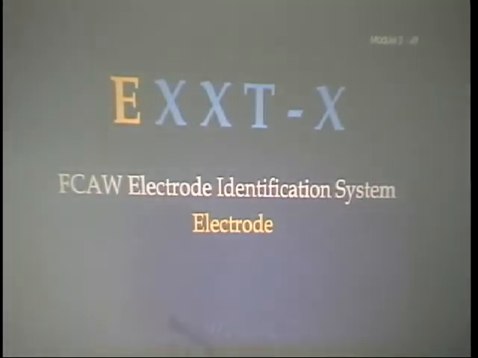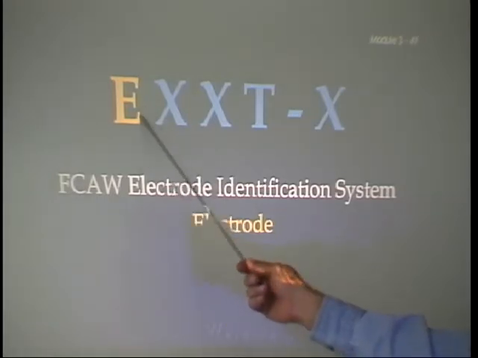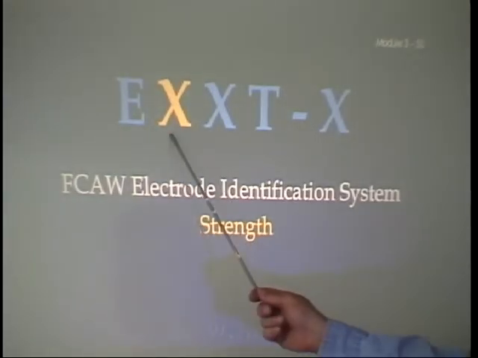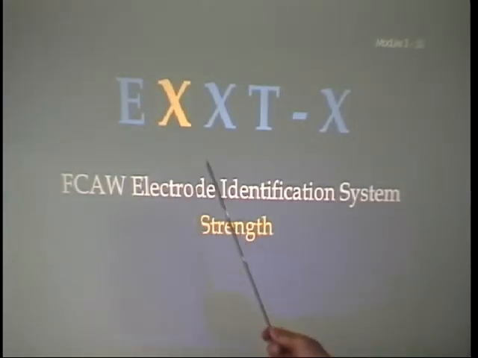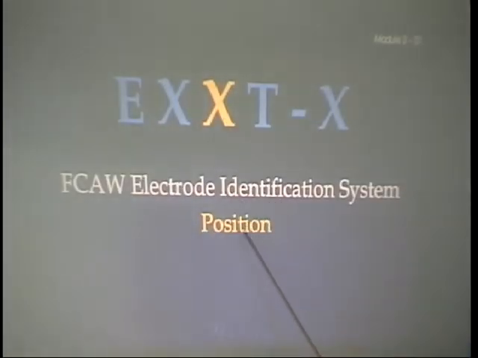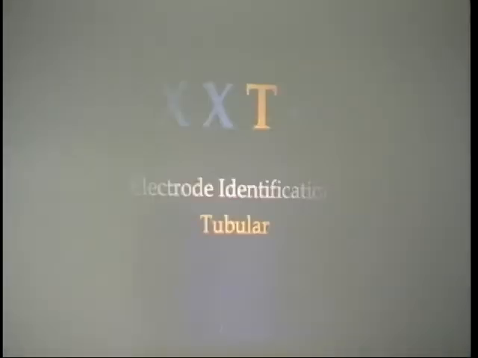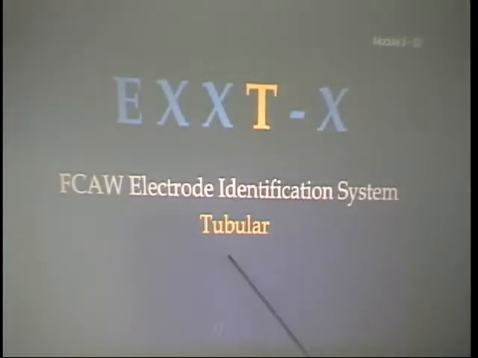Flux-core arc welding identification system. Again, E stands for electrode. Now you see there's no R in there. The very first number, not the 2, but the first number is strength. Second number is position. It'll be a 0 or a 1. Then T for tubular.